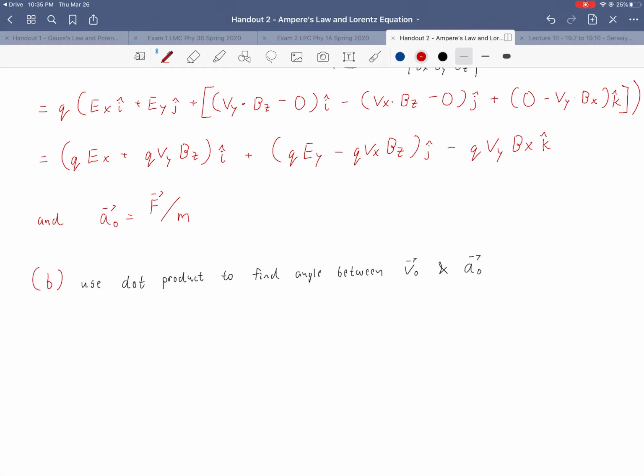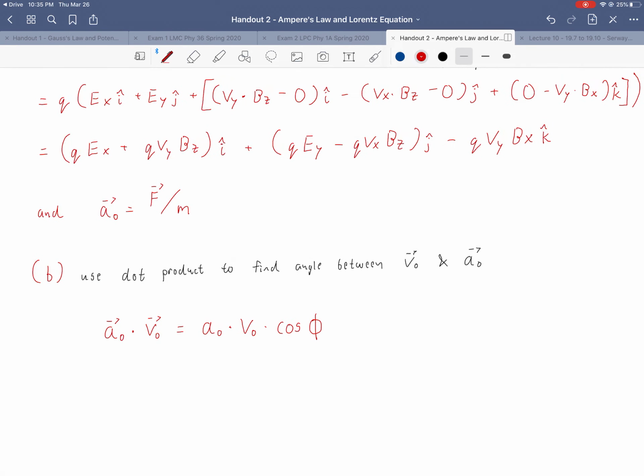What that looks like is we would write the initial acceleration dotted with the initial velocity, by definition, is going to be equal to the magnitude of the initial acceleration times the magnitude of the initial velocity times cosine of the angle between them, cosine of phi. So that's what we're trying to solve for.